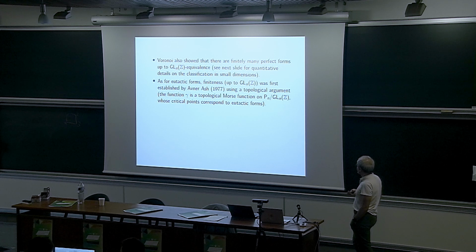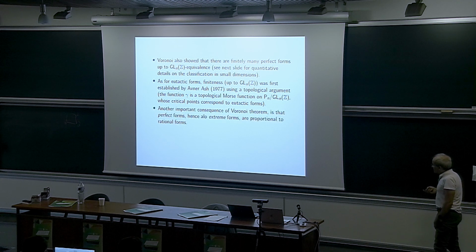And although I said that I would not insist on that, this is one important feature of the theory, which is that eutactic forms correspond to critical points of this topological Morse function.